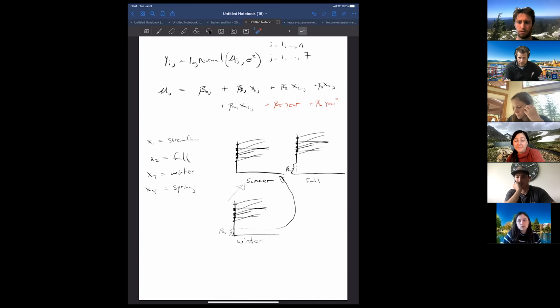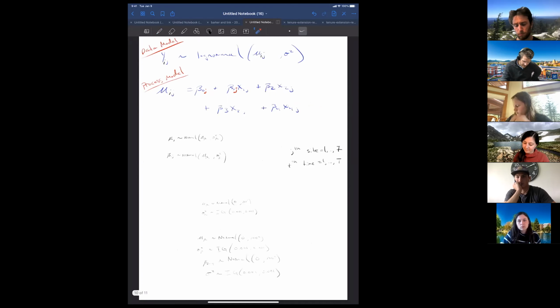That sounds great. Okay. All right, let's write out the joint distribution of this model. We'll be careful with our subscripts.